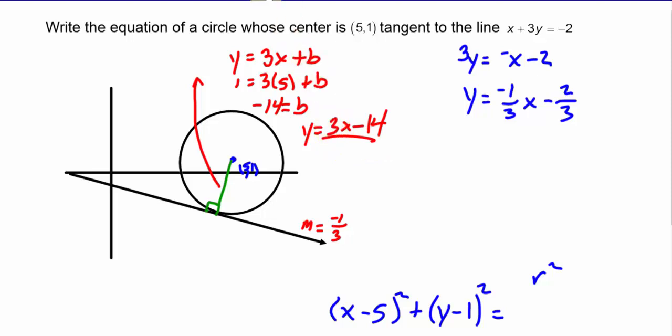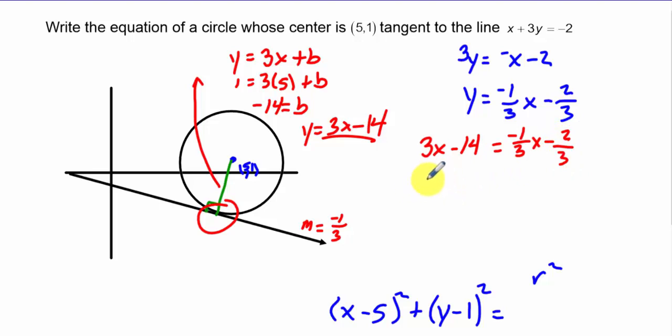So I have this line. Now, we're going to cheat a little bit because that's all we can do at this point. The only way to find this point right here, because this is what we're going to need, is to do a substitution and find out where these two intersect. So it's kind of cheating because we haven't got the two variable equations, but this is the way we're going to have to do this. So let's go 3x minus 14 is equal to negative 1/3 x minus 2/3.